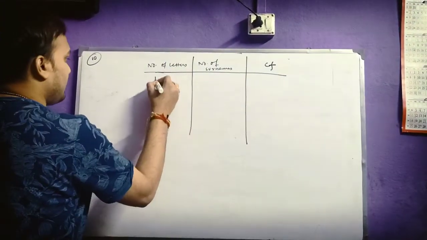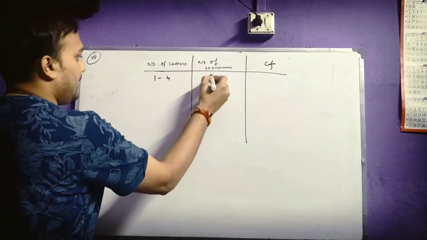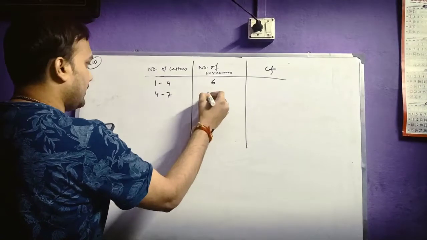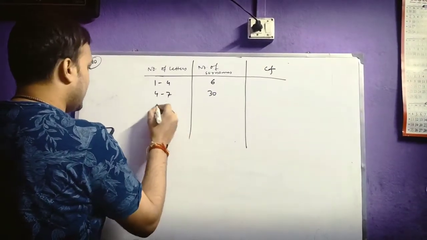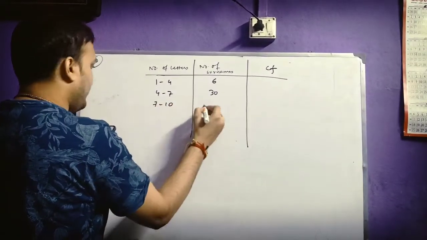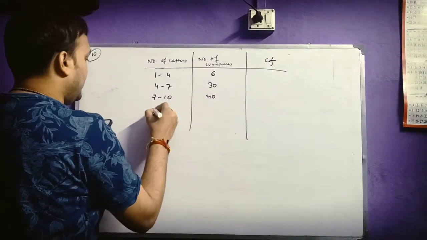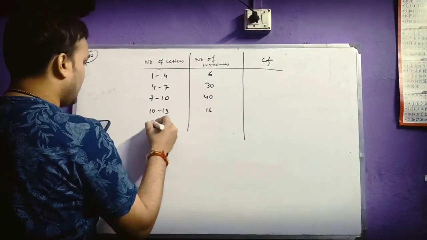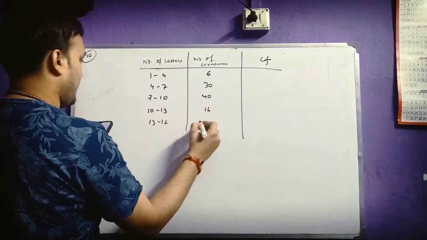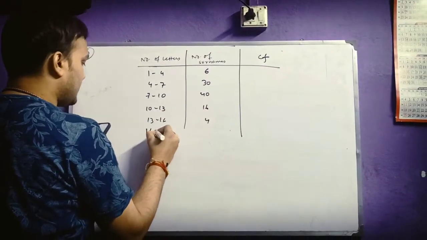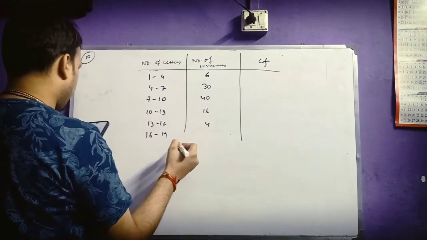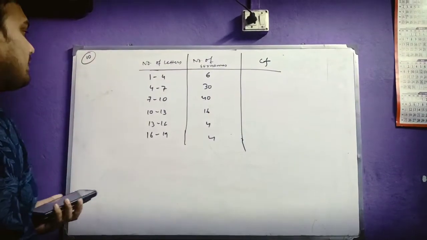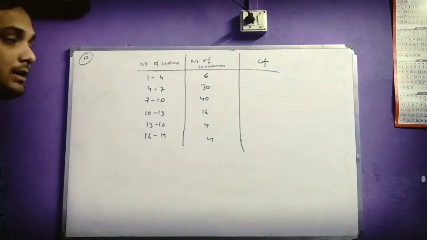It is given as 1 to 4 we have 6 surnames, then 4 to 7 we have 30, then 7 to 10 we have 40, 10 to 13 we have 16, 13 to 16 we have 4, and the last, 16 to 19, we have again 4. So this is the information given here, and we have to find the median for this data.